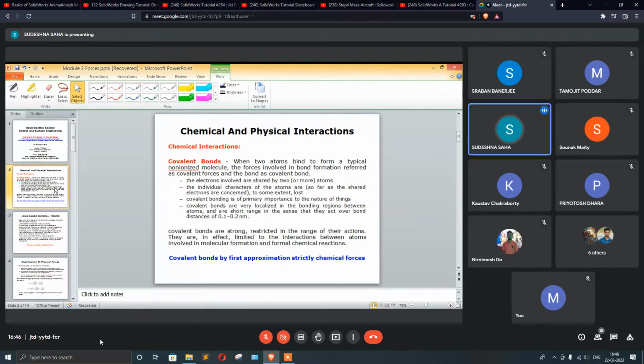Now, in this kind of bond formation, the electrons are shared by two or more atoms, and the individual character of the atoms, to some extent, gets lost, because one or more than one electrons are shared by two or more atoms or molecules.